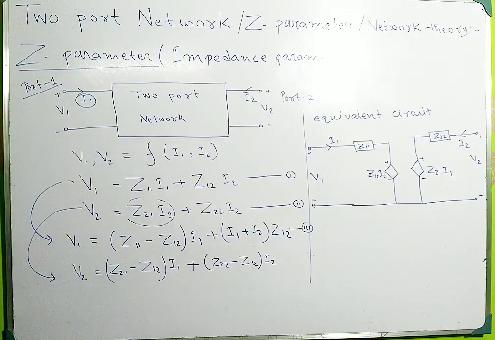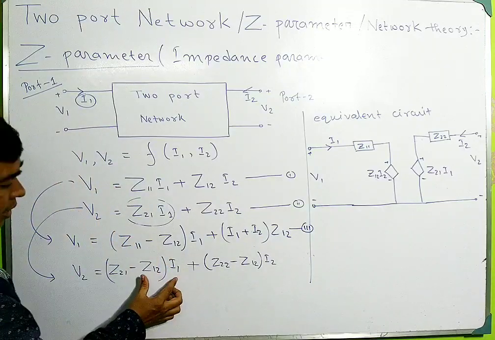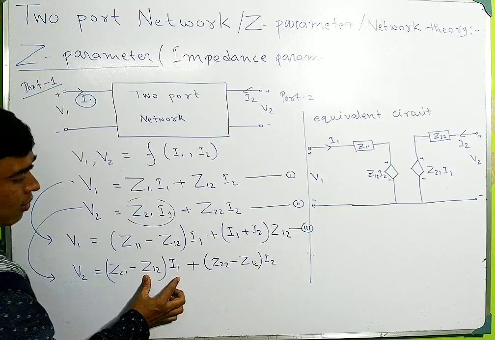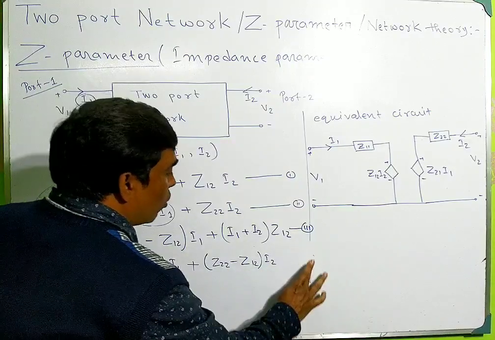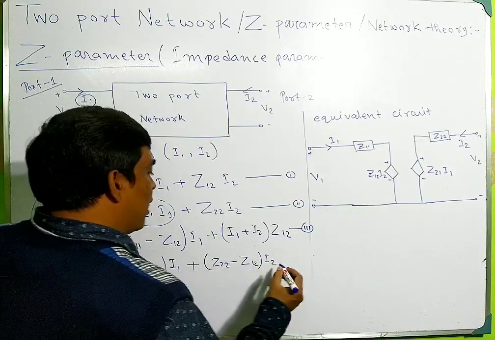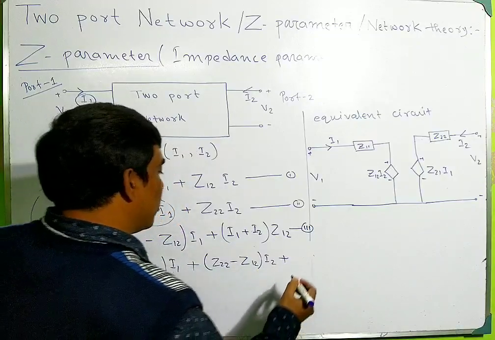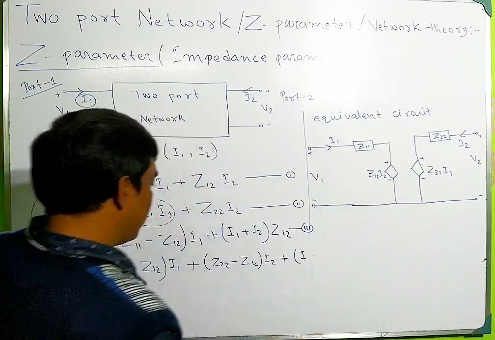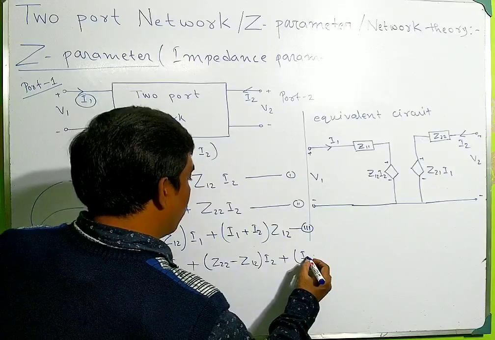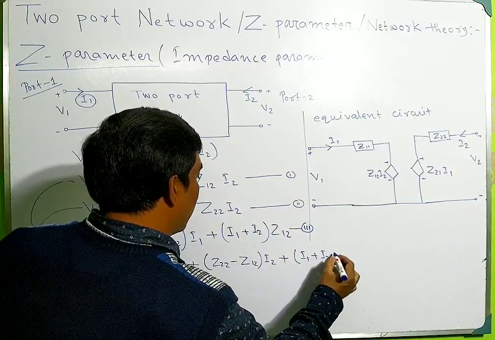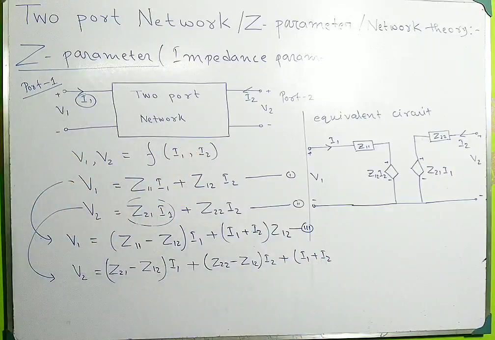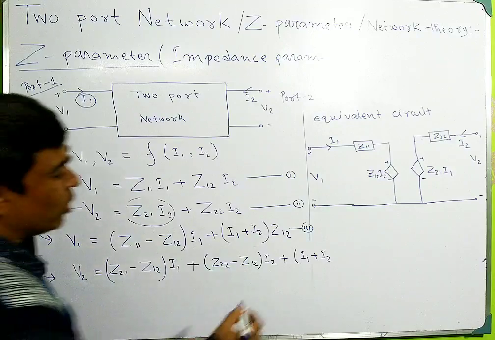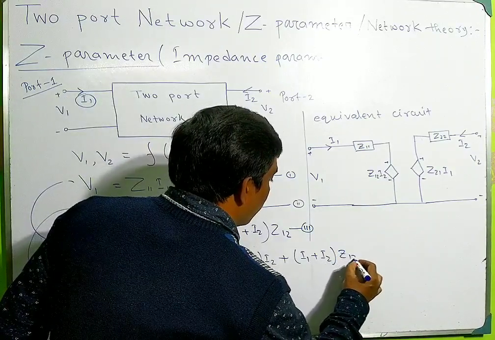We have taken this as extra, so we have to add it back: (I1 plus I2) into Z12.